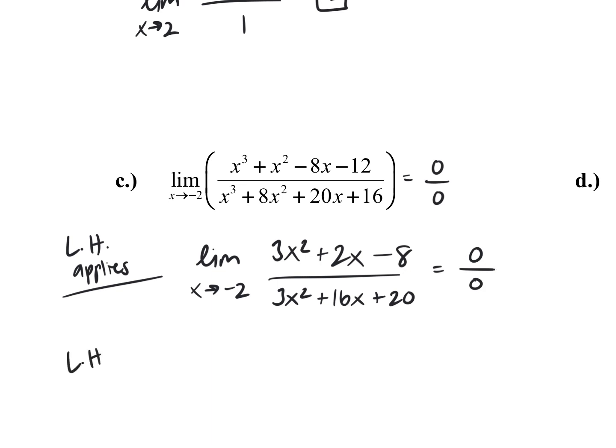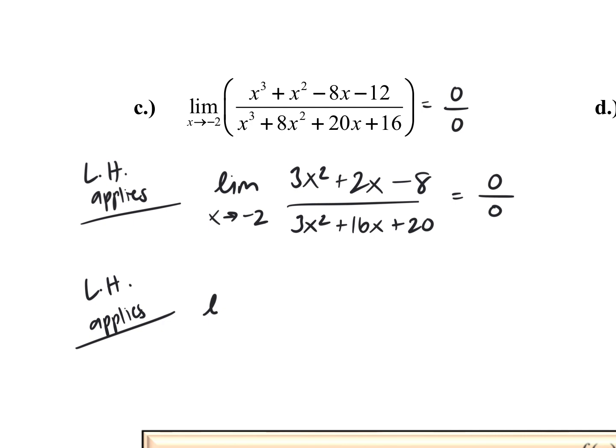L'Hopital's rule again. So I got the limit as x approaches -2 of 6x plus 2 over 6x plus 16. Which, when I plug in -2 this time, you will actually get your answer.